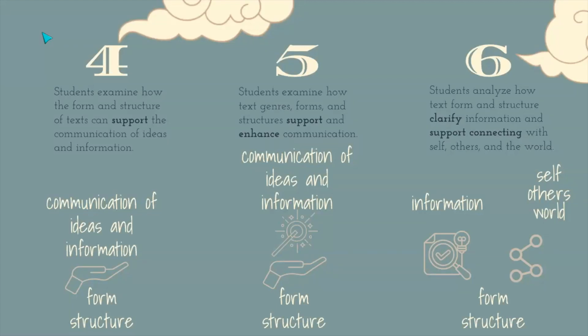And then in grade 6, we're still looking at form and structure, and we're looking to clarify information and support connections with self, others, and the world. So we're really focusing in on a key purpose of text forms and structures and allowing students to explore those 2 pieces through the text that we select for them in their studies.